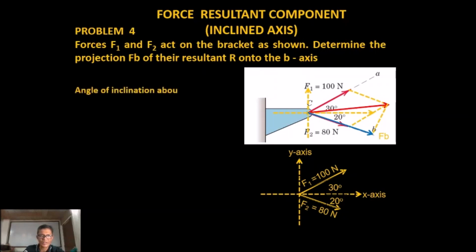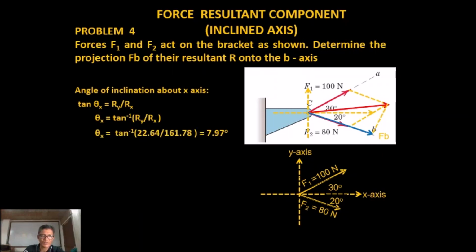So the angle of inclination will be, using tangent function, tangent theta x will be equal to Ry over Rx, and theta x is equal to the arctangent of Ry over Rx. So theta x will be equal to the arctangent of 22.64 over 161.78. So theta x will be 7.97 degrees.